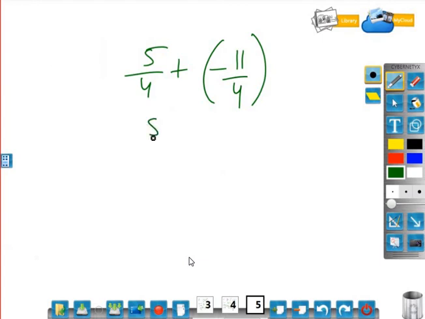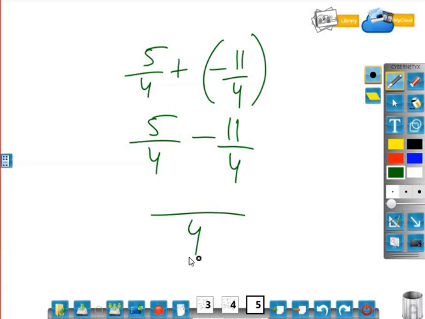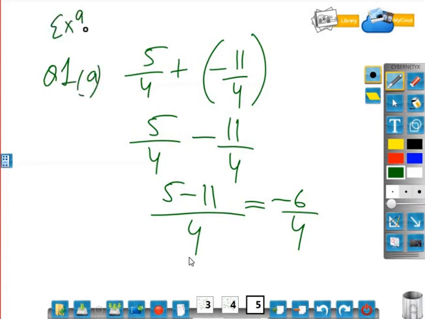Here you can see this is 5 by 4 and plus minus minus. Here comes the rule of integers. You must be very clear about the behavior of integers or the symbols in case of multiplication. So here we have like fractions. So simply we write 5 minus 11, or minus 6 upon 4. So this is question number 1, part A of exercise 9.2 in class 7.